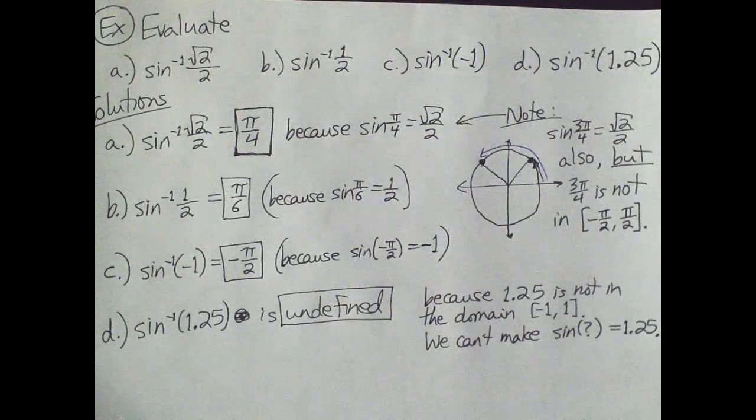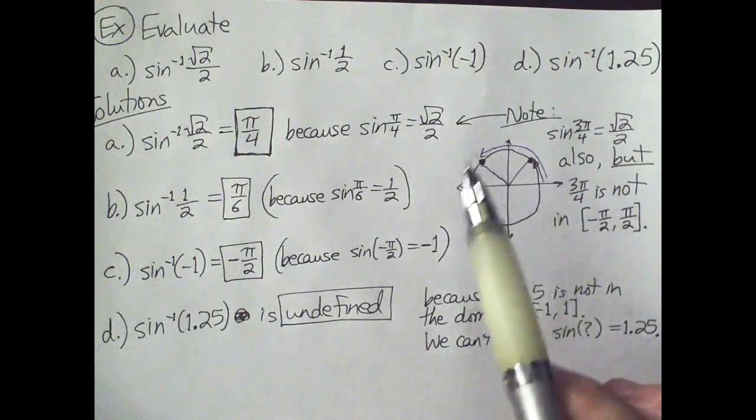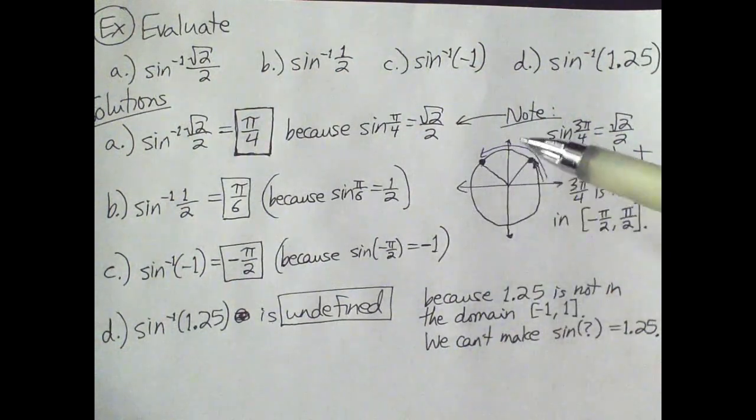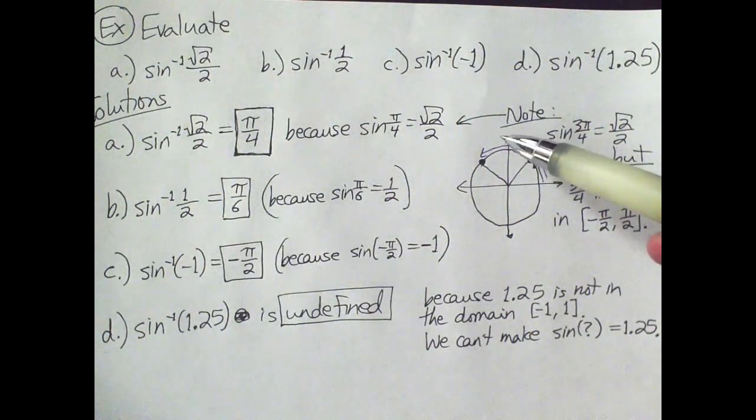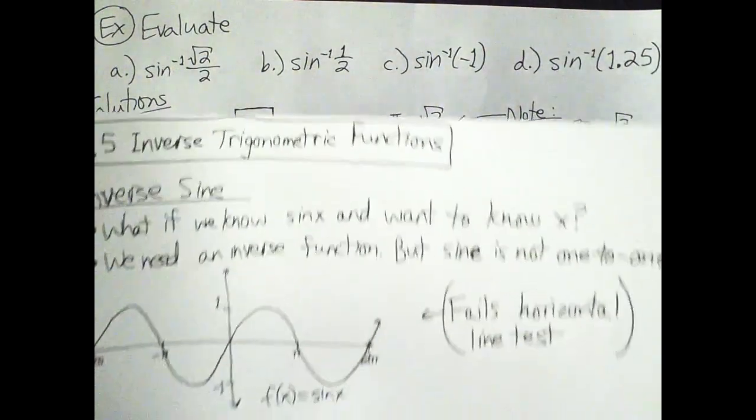I'll tell you 2 ways that you could visualize that. One is on the unit circle. Where on the unit circle would I ever reach a height of 1.25? You're never going to be on the unit circle if you're that high up. 1.25 is up here above the unit circle, so that tells me this doesn't exist. Another way is to take a quick look at the graph of sine x.